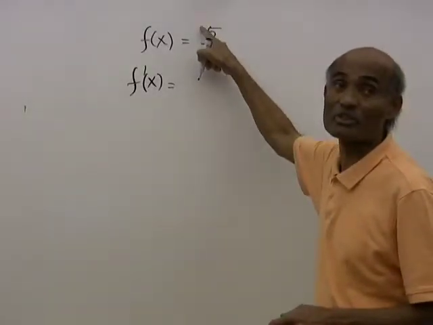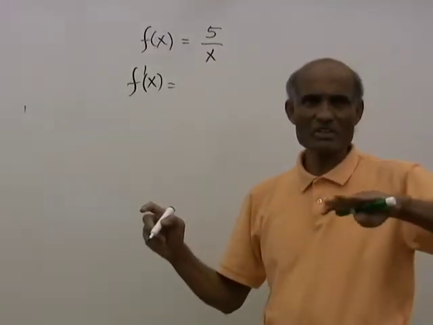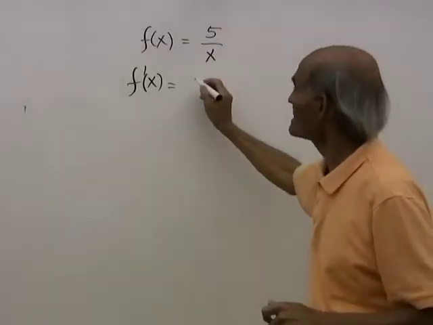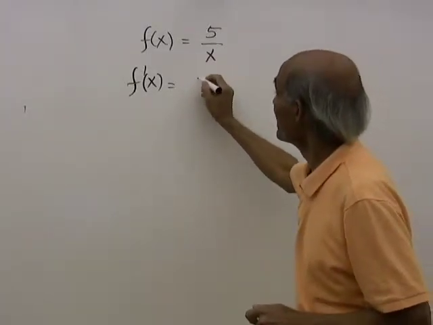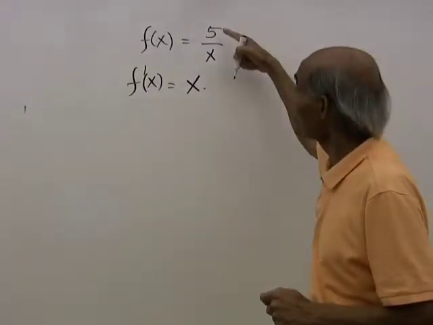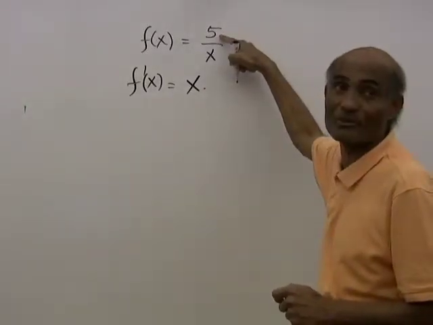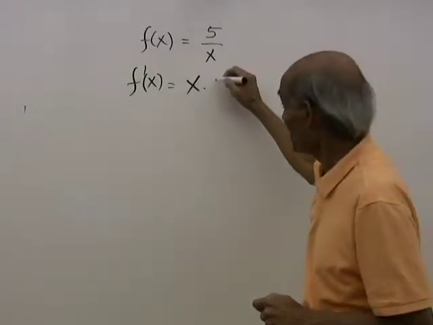Denominator times the derivative of the numerator. I'm not going to write that detailed step now. Let's practice this without that detailed step. Denominator, that is x, multiplied by the derivative of the numerator. What is the derivative of 5 with respect to x? That is 0.